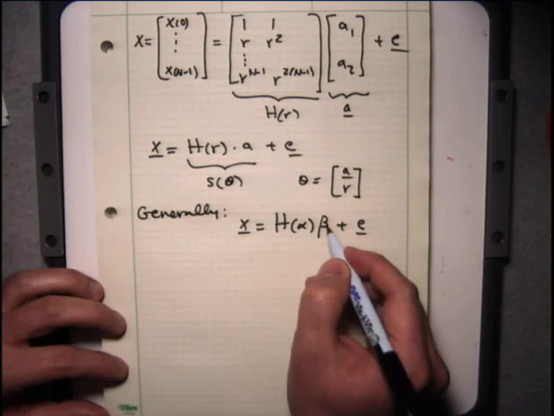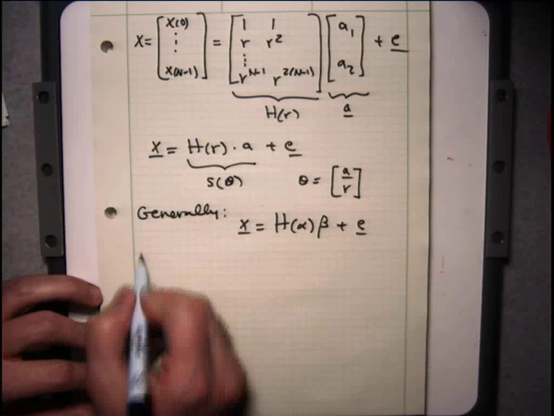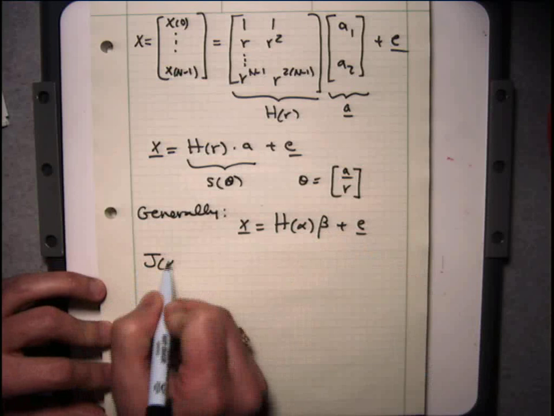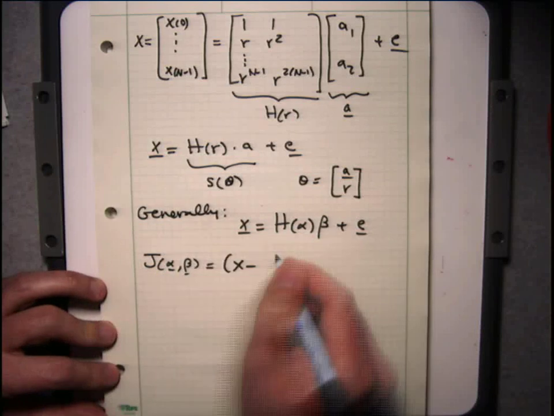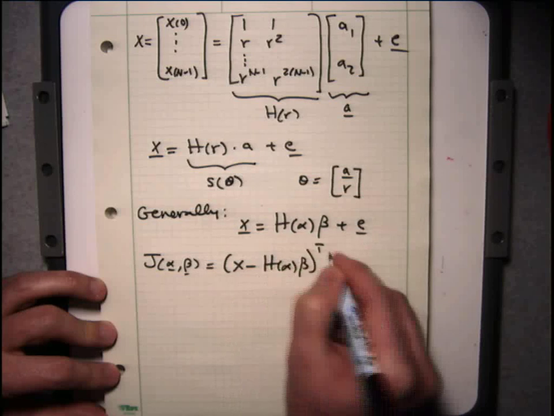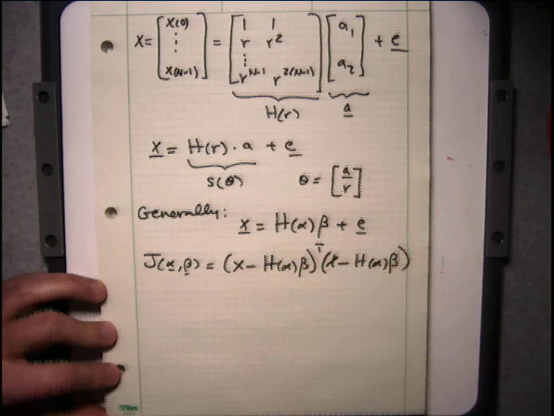The betas are the linear parameters, and the alphas are the nonlinear parameters. So what do we do when we set up a least squares problem? Let's write J of alpha and beta, which is x minus h of alpha times beta, transpose, times x minus h of alpha times beta.